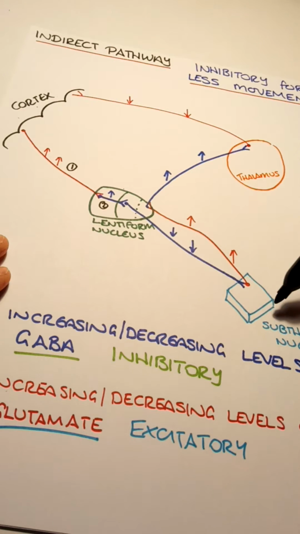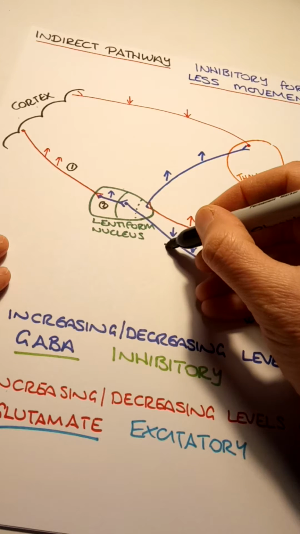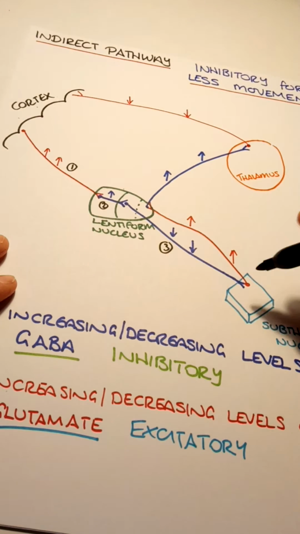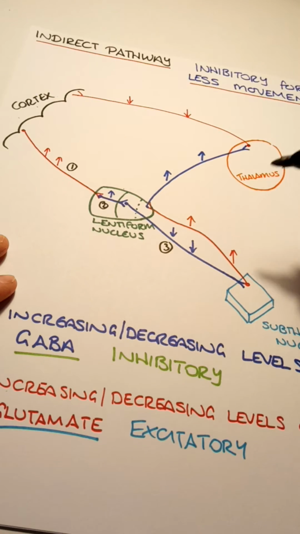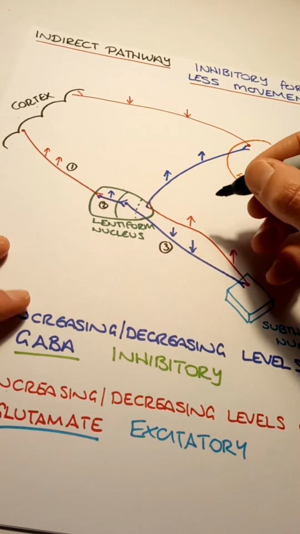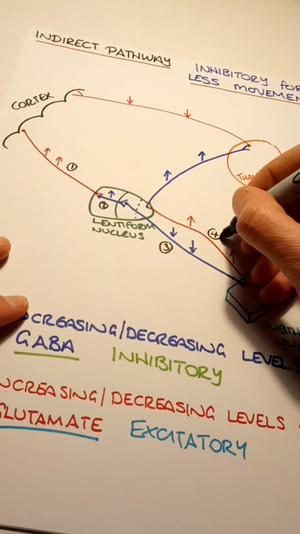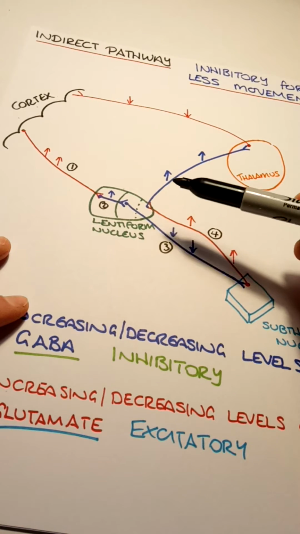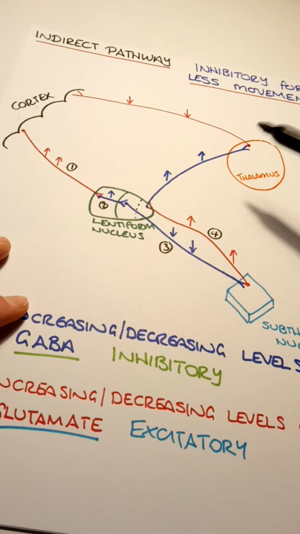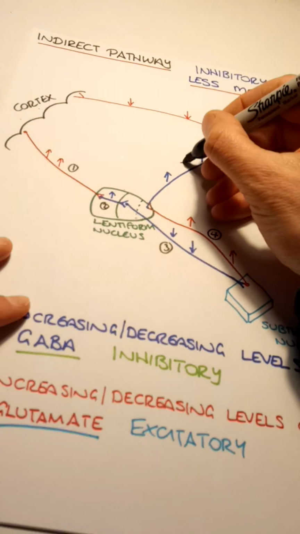So then we head down to the subthalamic nucleus. At the subthalamic nucleus, we go back to the globus pallidus, but the globus pallidus internus, that is step 4. Then from the globus pallidus internus, we head back to the thalamus.